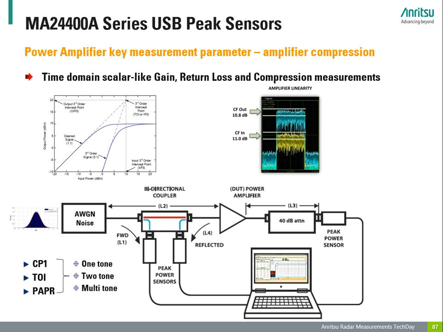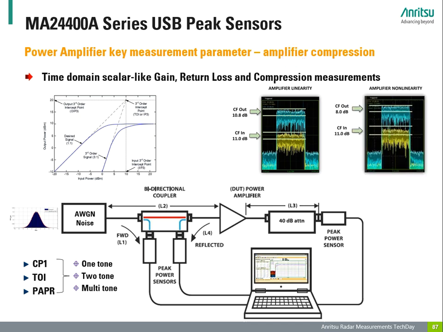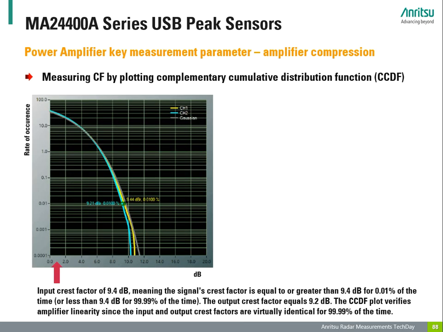Here in this case, the power amplifier is not in compression mode. You see that the input and output crest factor is more or less the same. But here, in this case, a difference of 3 dB is clearly giving proof that the PA is in compression mode. Another and better way to investigate compression situations is to plot the complementary cumulative distribution function, also called CCDF.